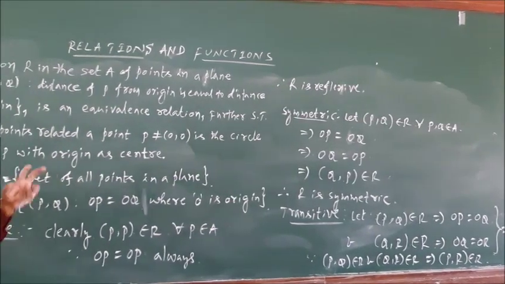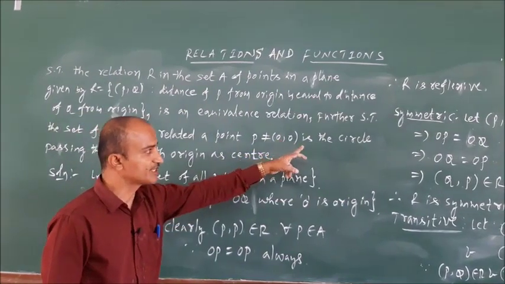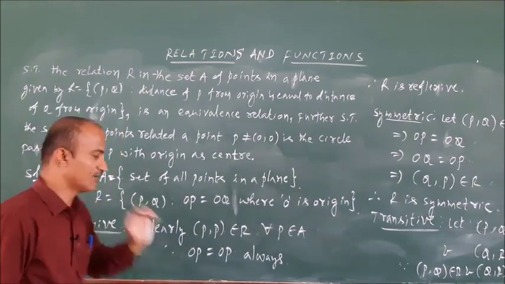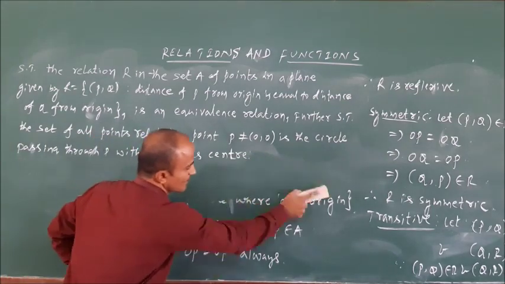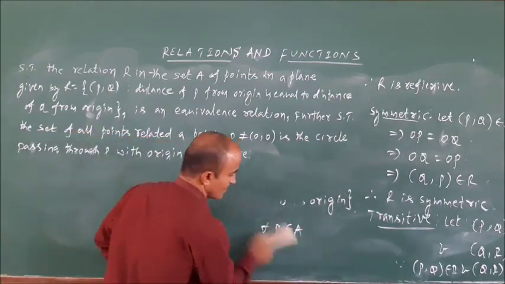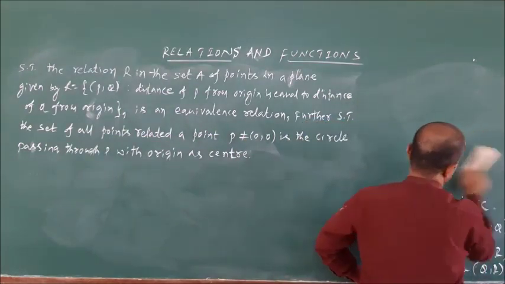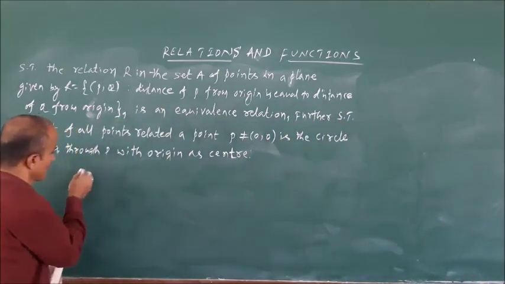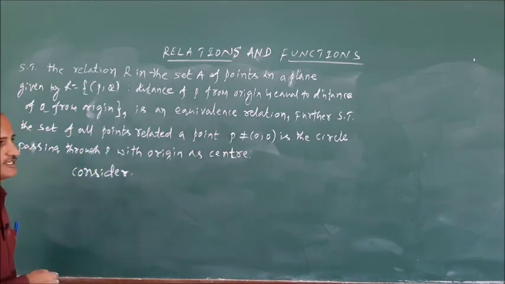What is that? We need to show that the set of all points related to a point P, where P is not equal to 0, is the circle passing through P with origin as center. Now, we are discussing the second part of the question.